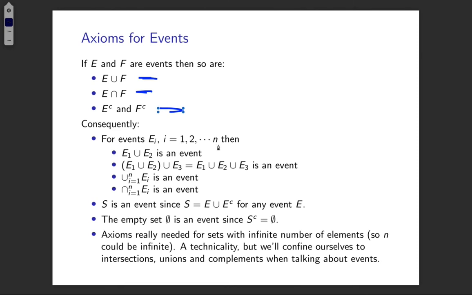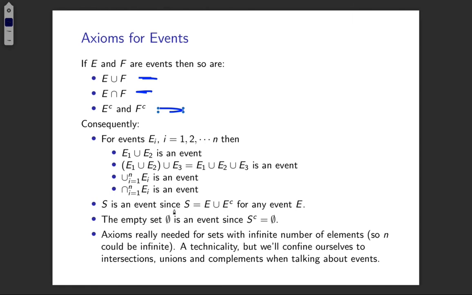With n events, they're just subsets of the sample space. So the intersection of E1 and E2 is a new event. The intersection of E1, E2, and E3 is another event. The union of all of them is another event, the intersection of them, and so on. Given some events, we can combine them to create new events using these three operations.